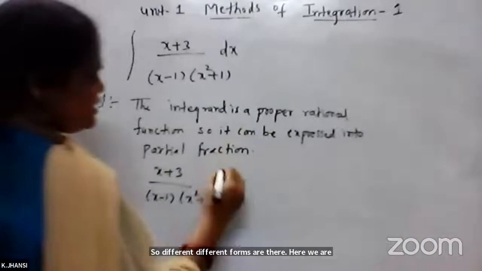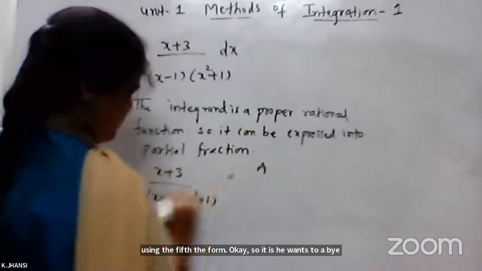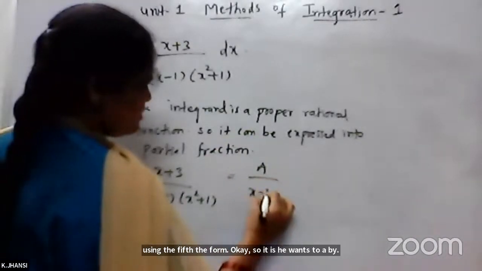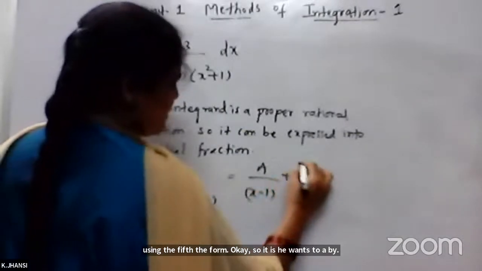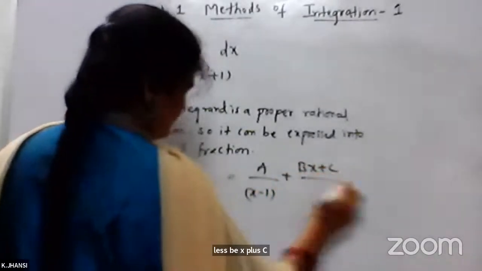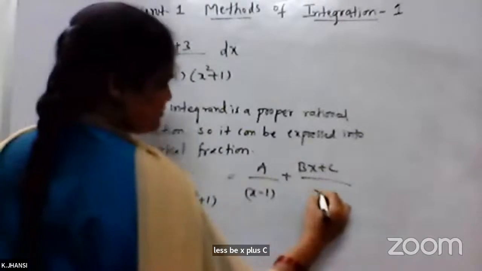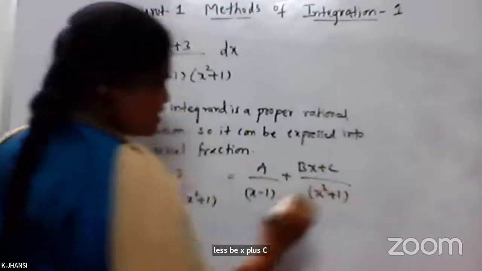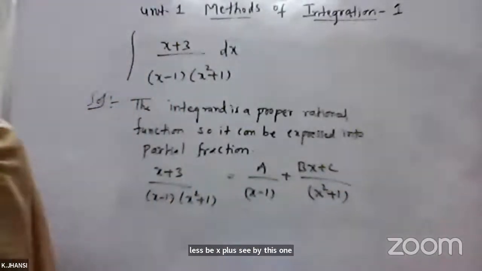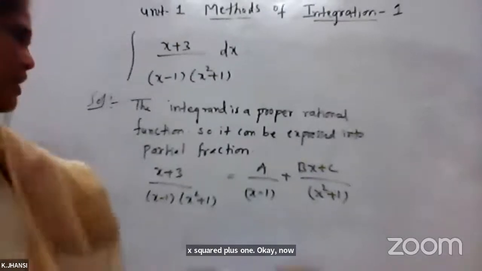So it is equal to a by x minus 1 plus bx plus c by x square plus 1. Now you do the cross multiplication.